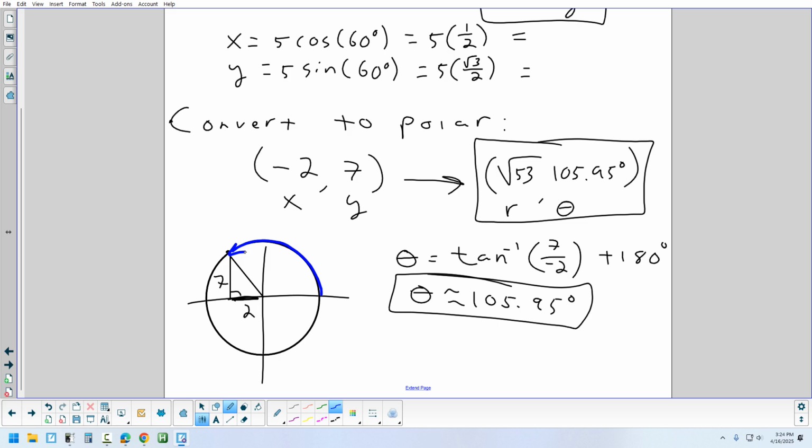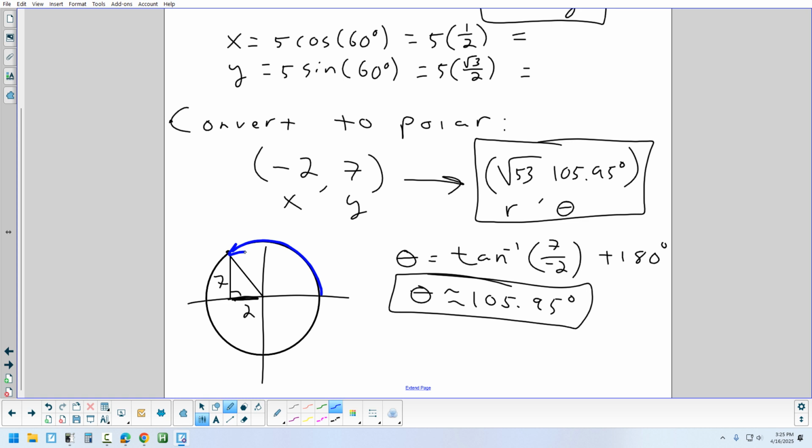We can't subtract 180 and keep the radius positive. I meant the other way around, 180 minus 105.95, but that wouldn't produce the same point. If we do 180 minus 105.95, we won't be in the same spot. We'll be at a different point.